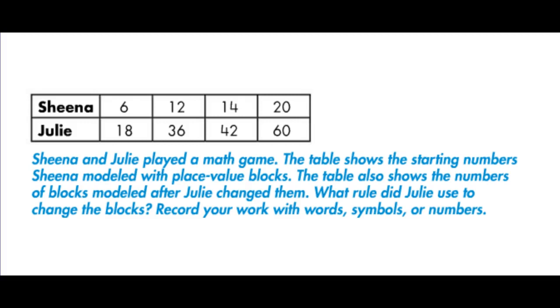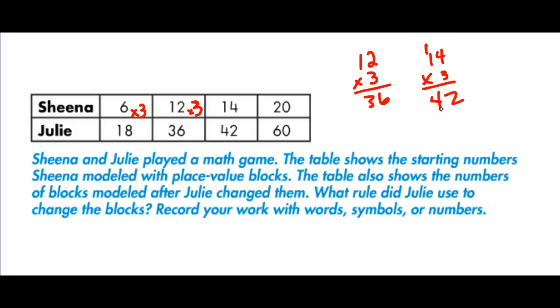So let's think. Multiplication. 6 times what is 18? Oh, I know that one. That is 6 times 3 equals 18. So let's go across here and see if that pattern makes sense. 12 times 3. Okay, well, 12 times 3, oh, it is 36. Let's try 14. 14 times 3.